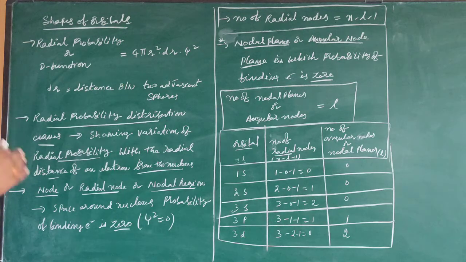So how probable is it that an electron is present if you go a certain distance from the nucleus?